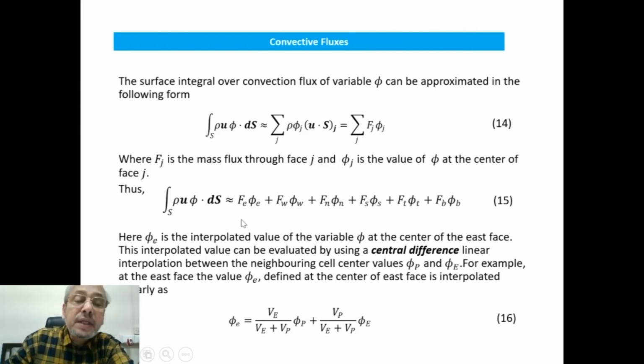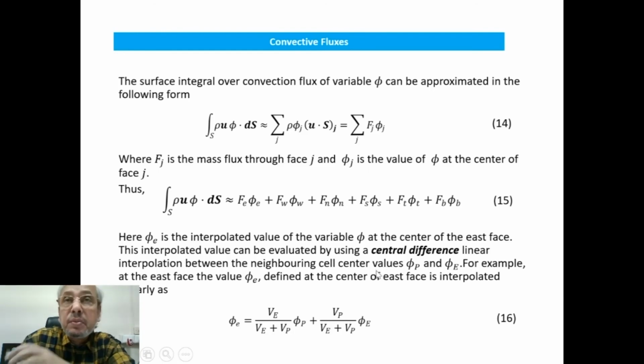Here, for example, phi e is the interpolated value. Small e is the midpoint of the eastern cell face, so phi e is the interpolated value of the variable phi at the center of the east face. This interpolated value can be evaluated very simply by taking a central difference, which is basically linear interpolation between the neighboring cell center values.